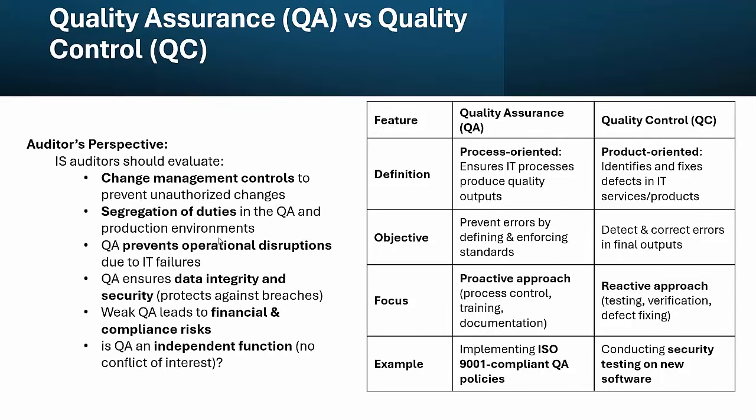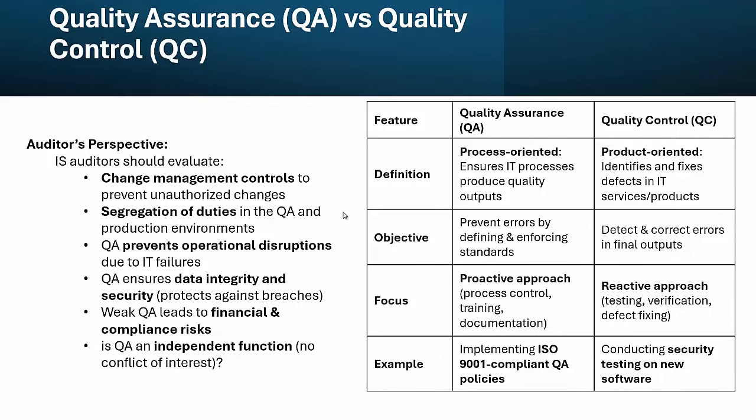As an auditor, we evaluate change management controls and segregation of duties, and QA prevents operational disruptions. QA ensures data integrity and security, and we also check that QA is an independent function. It should not get influenced by anyone's results and everything.